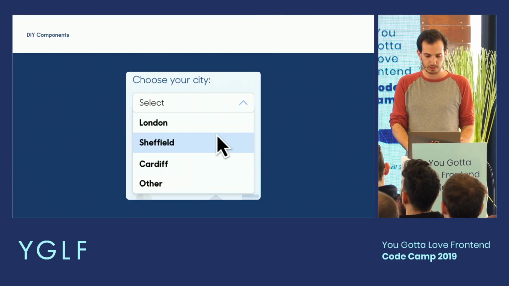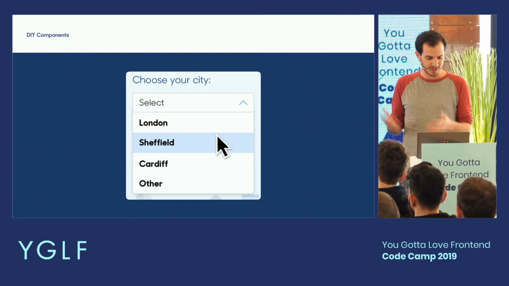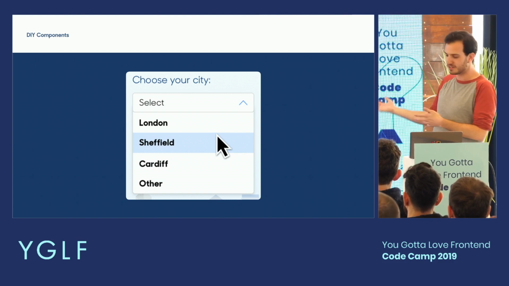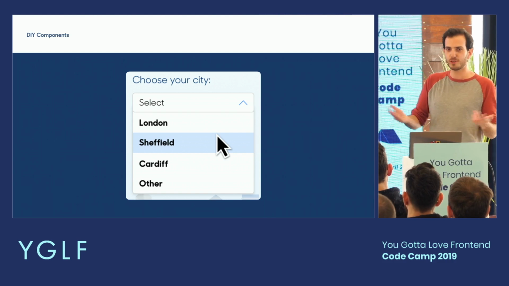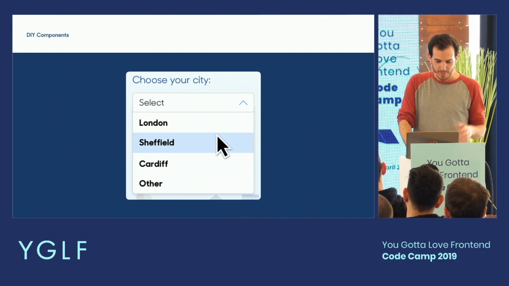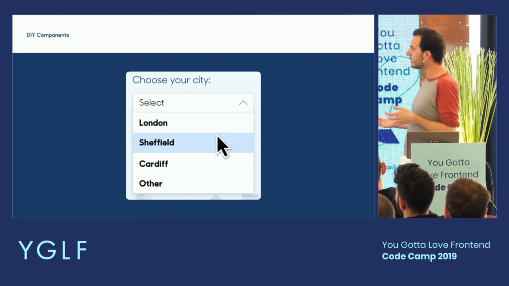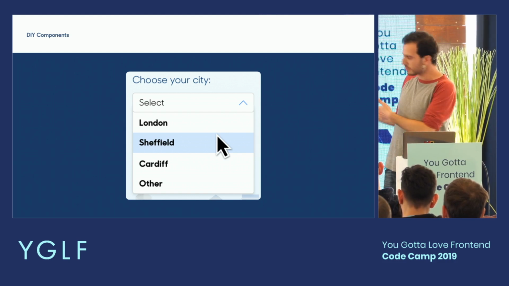So, for example, this is an example that's already been used today, I can't use native select to build this, or at least not without, probably Houdini might fix this, but that's far from being ready, clearly. And it's sad that I need to completely rewrite the select element to do this.